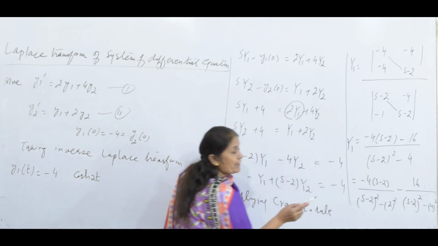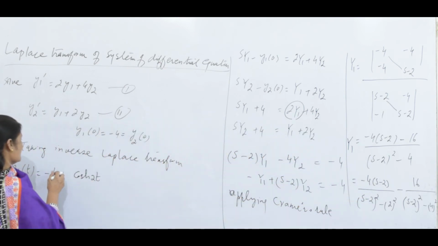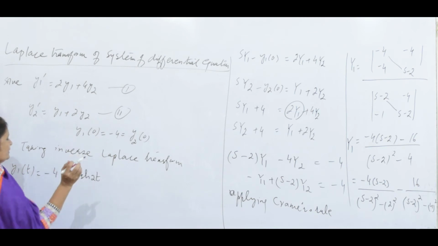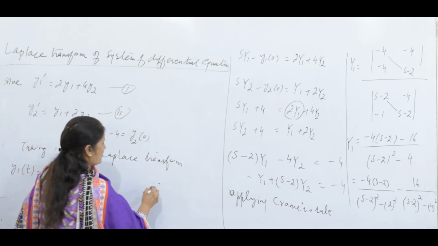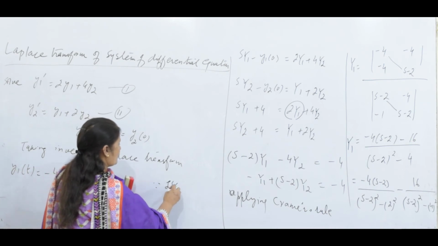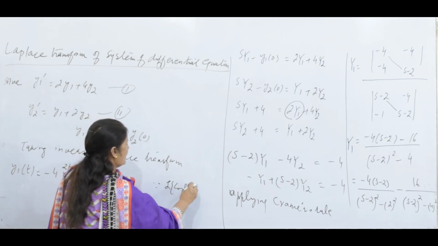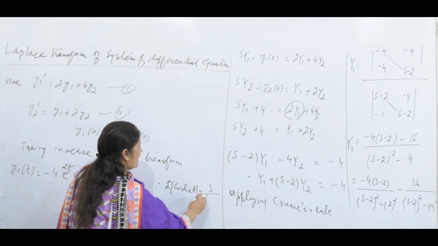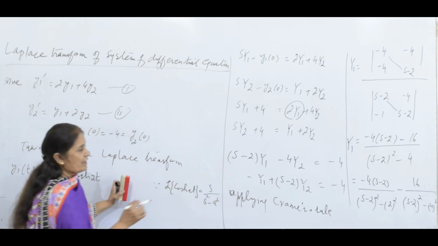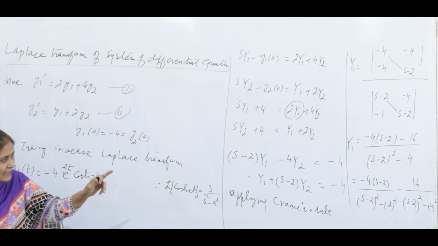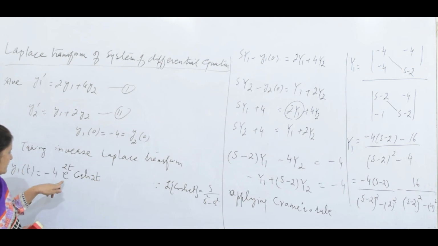It means you have to write down e^2t. This is the formula for the Laplace transform of cos hyperbolic at, which is s over s square minus a square. But here your s is replaced, so you have to multiply with e^2t.